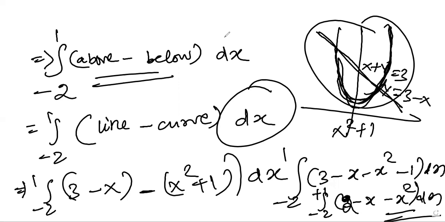I taught you that, the second fundamental theorem of integration. You remember? We just have to substitute the limits, the upper limit minus the lower limit, after the integration. Once you're done with the integration, you have to remove the integration sign. Can you do this and tell me what you're getting as the answer? The answer should be in square units because we are finding the area here. Okay.